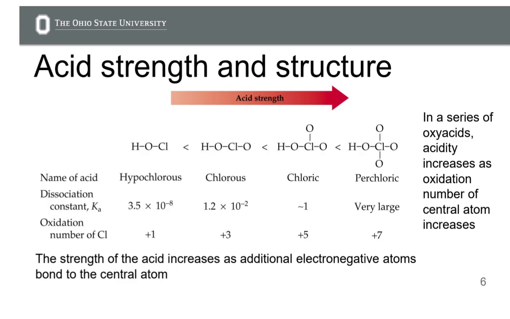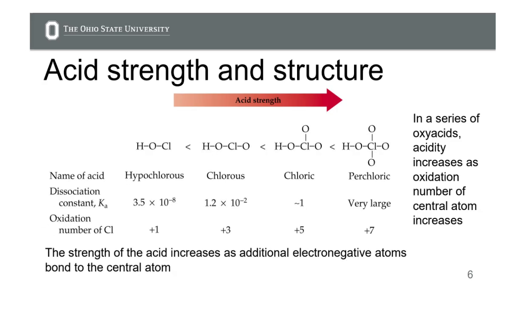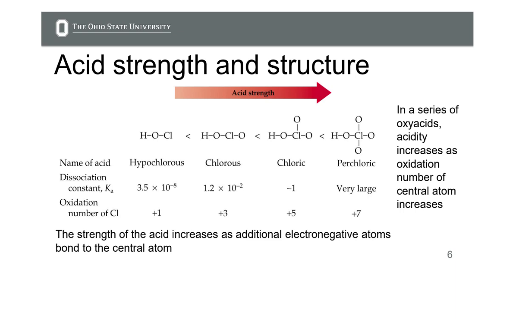The last set, and these are all in your textbook, so please read this section, are the oxyacids. We have hypochlorous, chlorous, chloric, and perchloric, which are the most annoying names to memorize. We've seen HClO4; this is a strong acid, and the Ka is listed as very large, basically immeasurable.